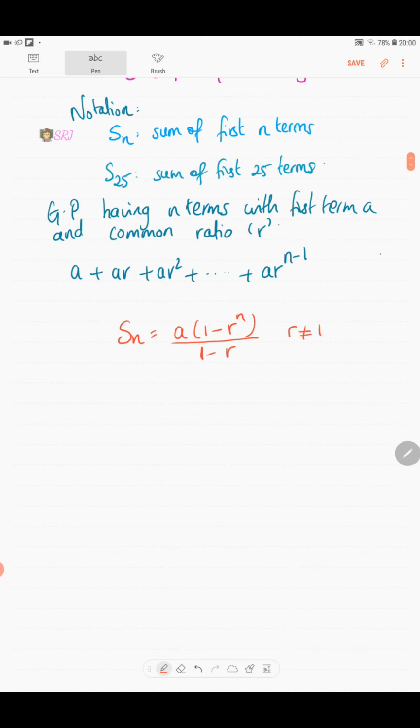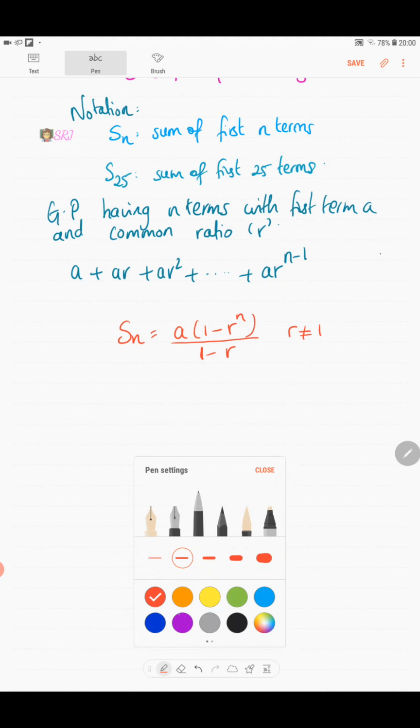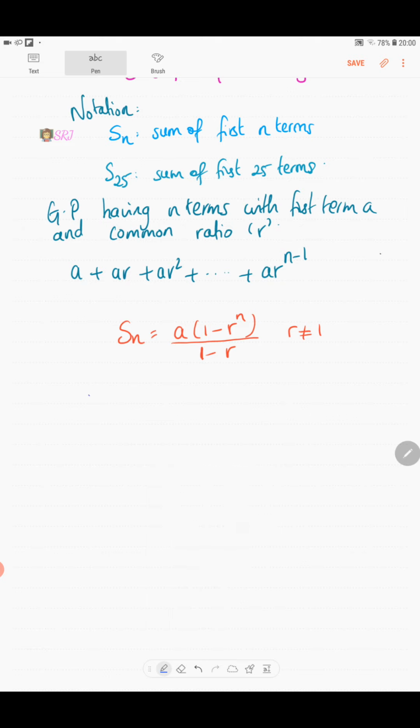Some people prefer to use this alternative form of the formula when R is greater than 1, just to avoid obtaining negative values in the numerators or denominators.